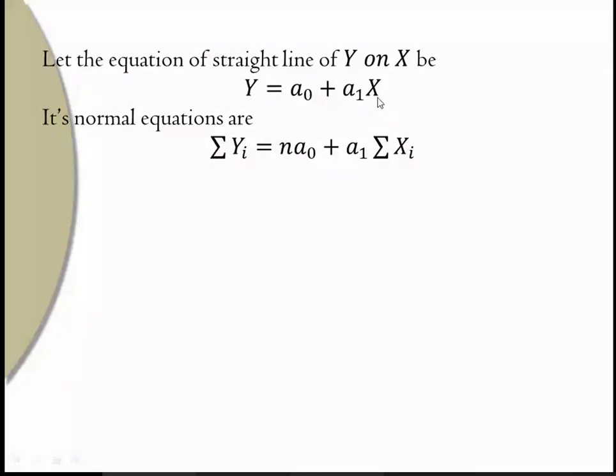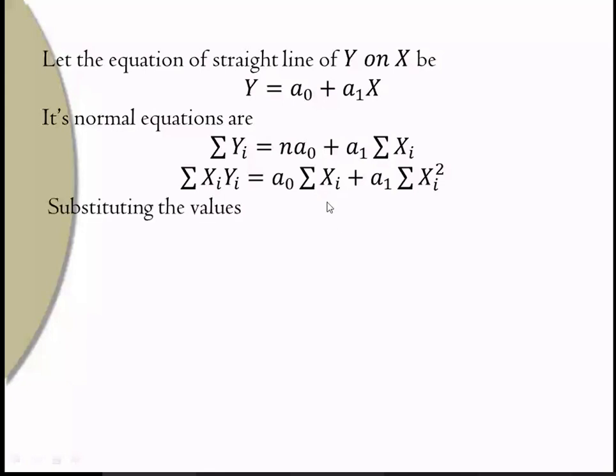Now multiply the first equation by x and take summation again. So if you multiply by x, it becomes xy plus a0 x plus a1 x square. And if we take the summation of that, it becomes summation xi yi, a0 into summation x, a1 into summation x square. And now put the values of these summations and n from the table.